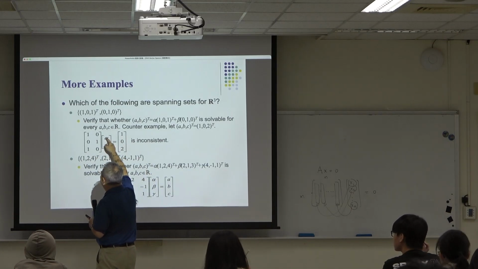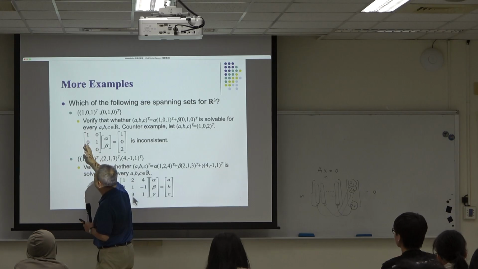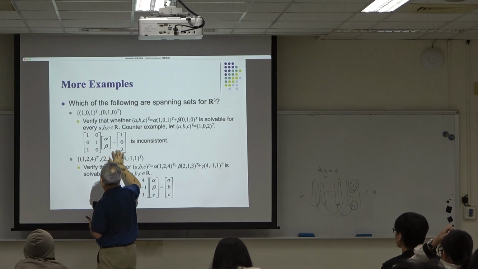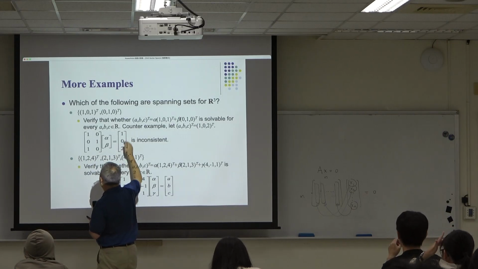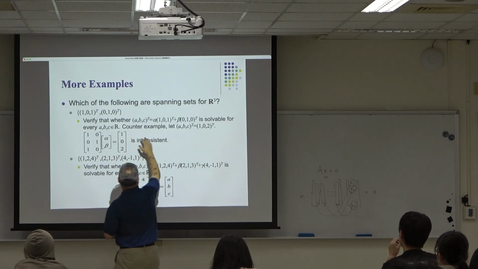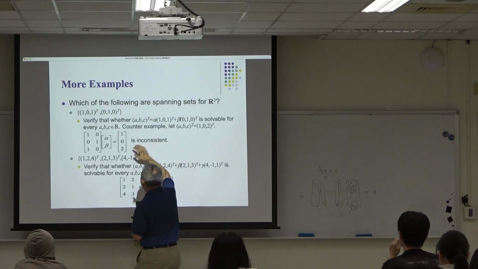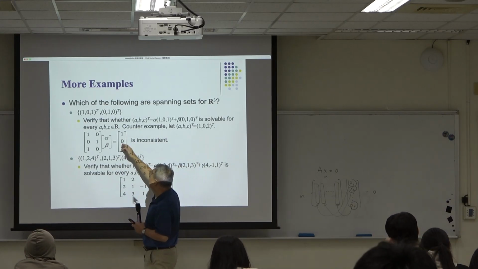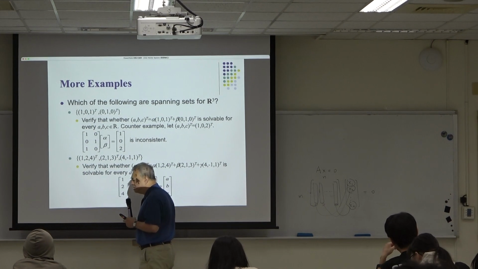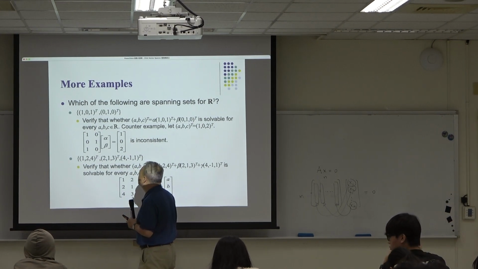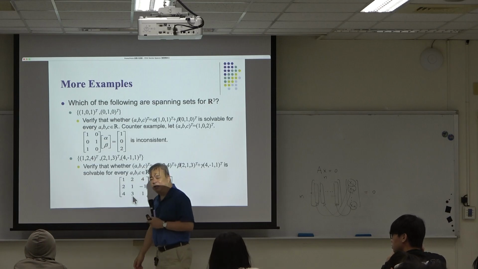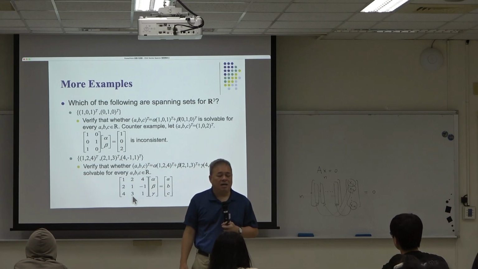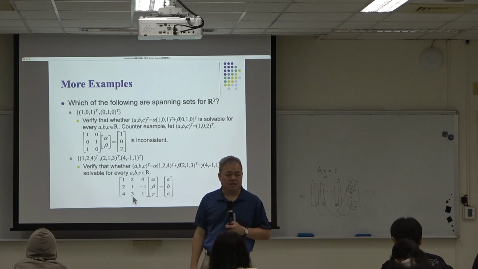So it's alpha times the first column plus beta times the second column equal to something. Basically this is just an example. We want to show that it's not possible, so we give an arbitrary vector, which is (1,0,2). There are a lot of examples that you cannot span; this is just one such example.